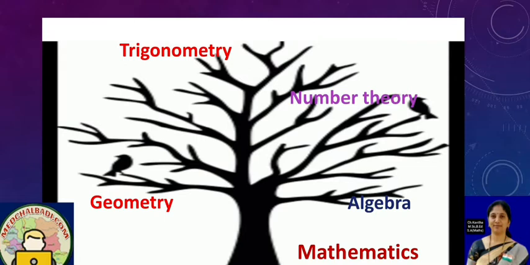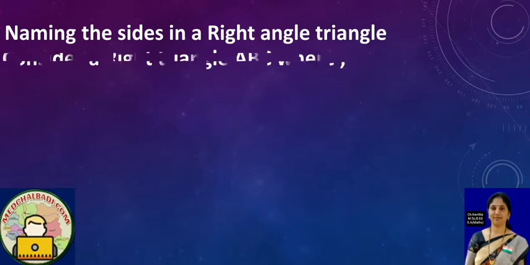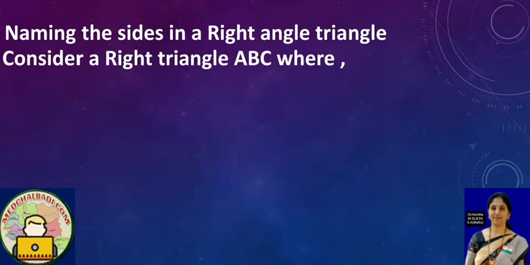Okay, now we can see the naming of the sides in a right angle triangle. How can we name the three sides? Here, consider a right angle triangle ABC where angle B is equal to 90 degrees.